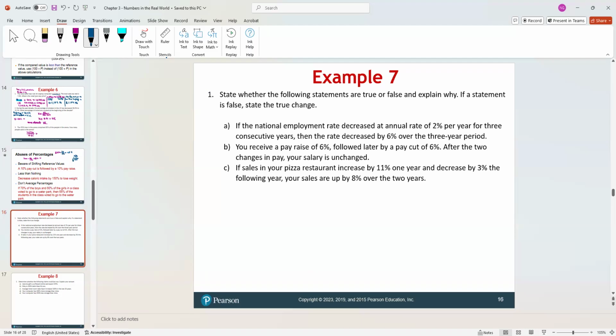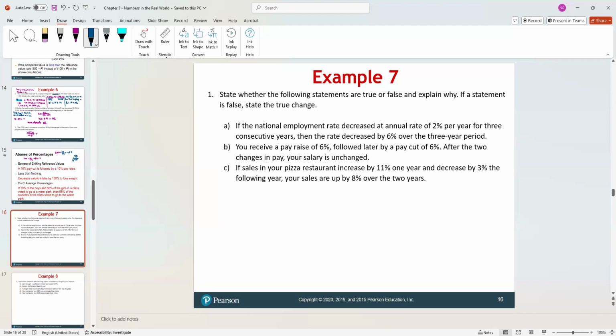We said that if the national employment rate decreases at an annual rate of 2% per year for 3 consecutive years, then the rate decreased by 6% of that rate. Is that true or false?